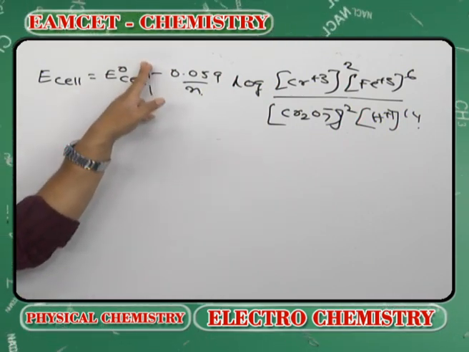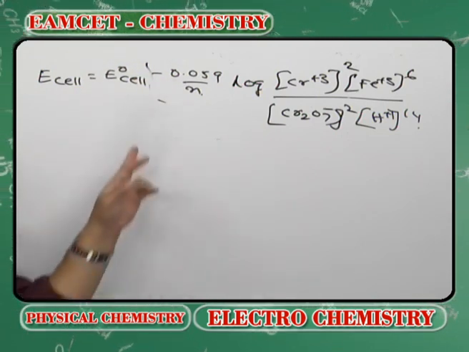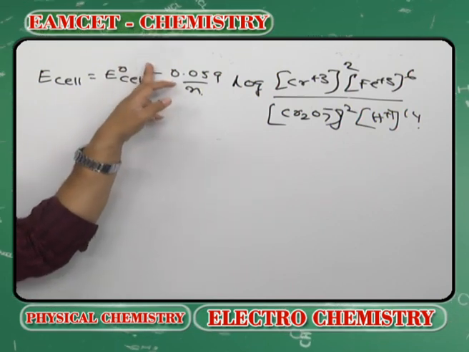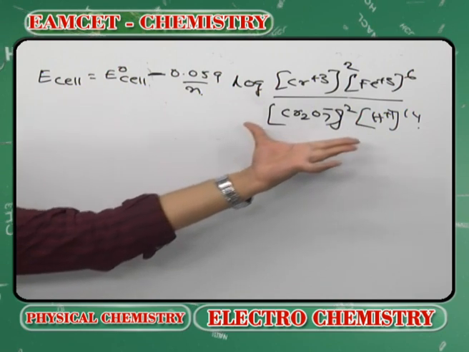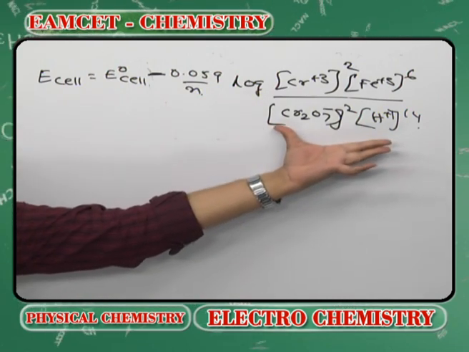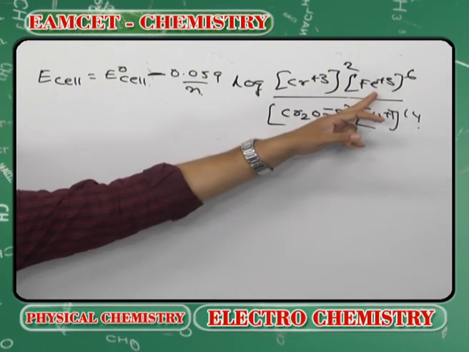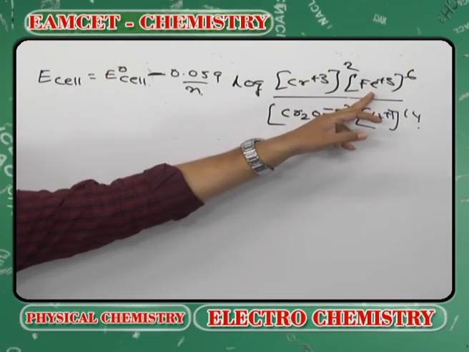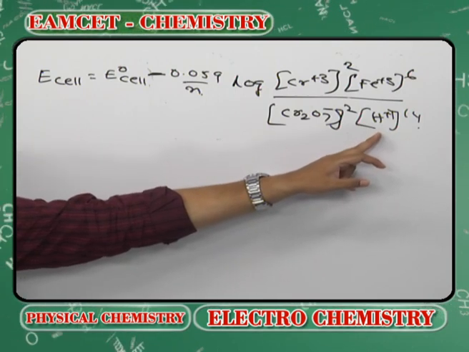So to increase the value, what should be done? The negative value of this portion must be decreased. That can happen by decreasing the Fe plus 3 concentration or by increasing the H plus ion concentration.